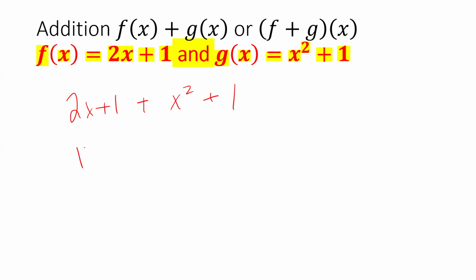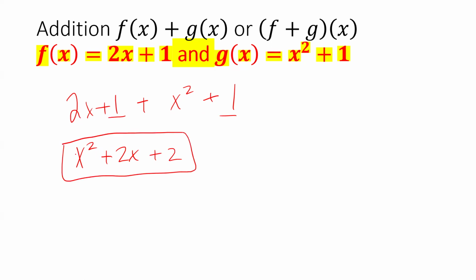So we're going to start off with x squared. x squared has no friend to combine with, correct? Next is 2x. Does it have a friend to combine with? No. And then lastly, we have 1 and 1, and that makes 2. The mathematical order matters, but logically you can add in any order. But when you write it out as a polynomial, you write from decreasing power. Okay?